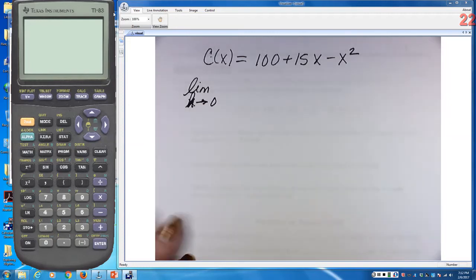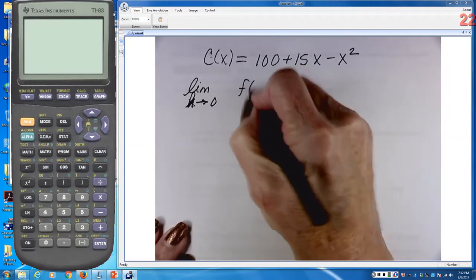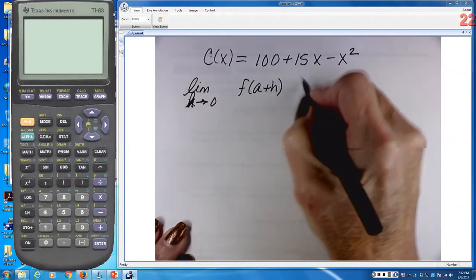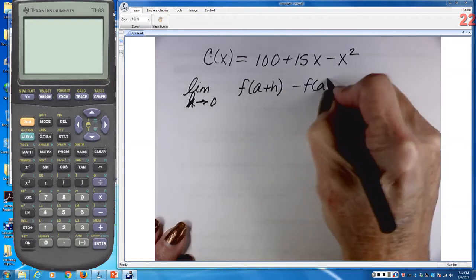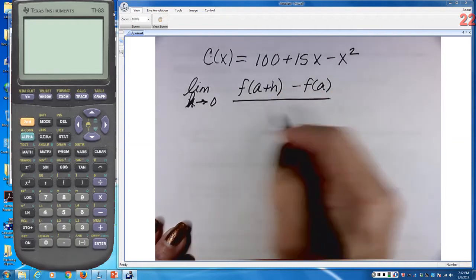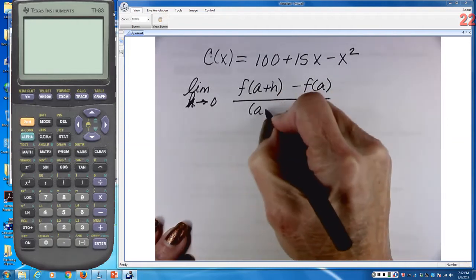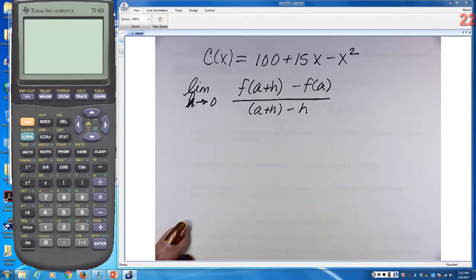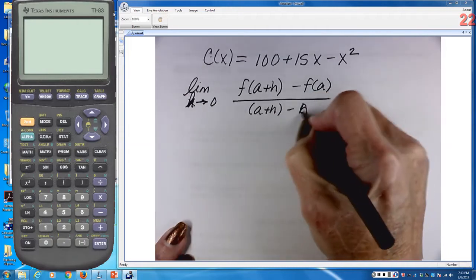And we're going to take the limit as h approaches 0 of f of a plus h minus f of a. And basically the reason the h is down here is because we're going from a plus h to a, not h, to a.